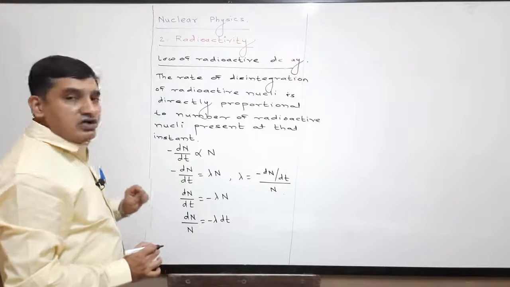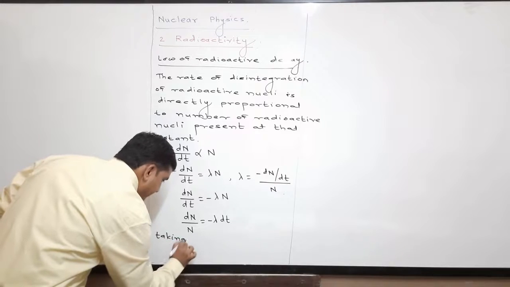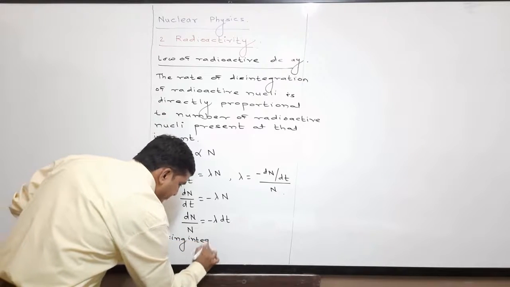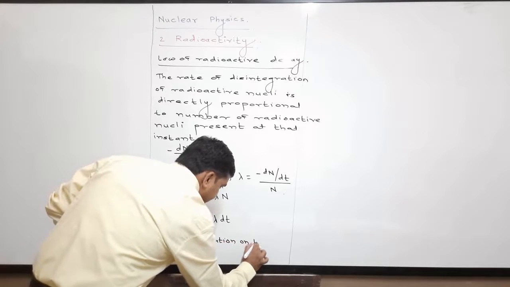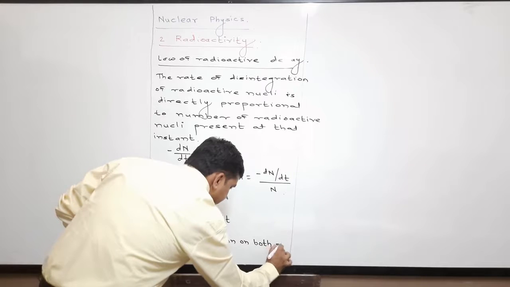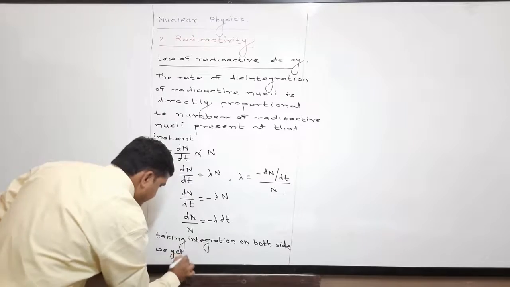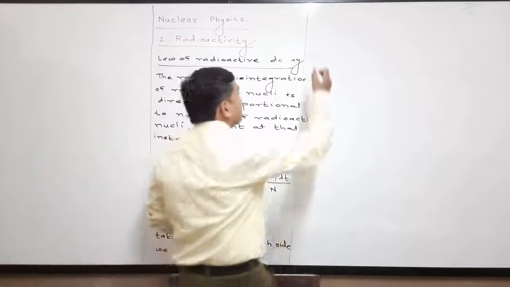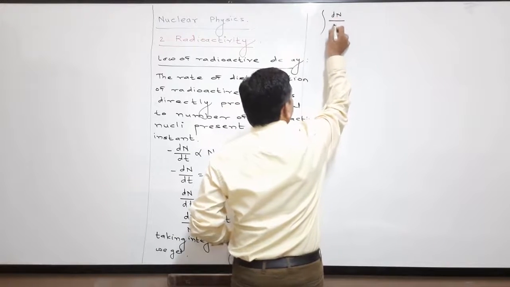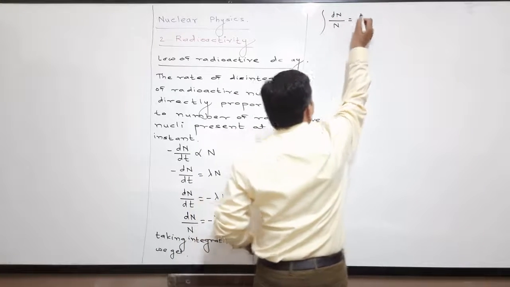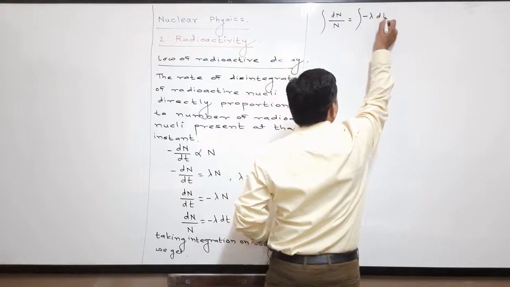Taking integration on both sides, we get the integration of dN upon N equals the integration of minus lambda into dt.